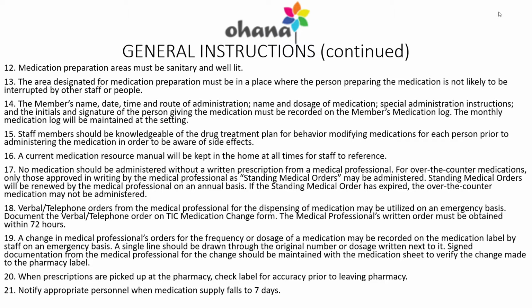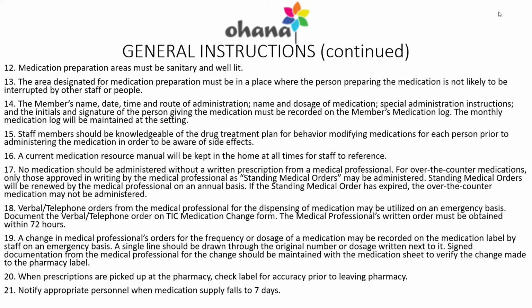When you're giving medications, you need to check the medication log, and it should have all of these following things. It should have the member's name, the date, the time and route for administration, the name and dosage of the medication, any special administration instructions.